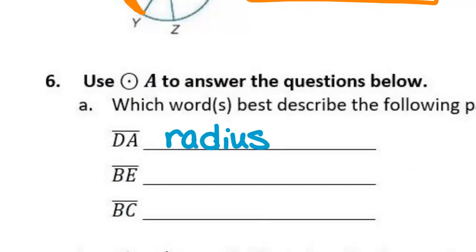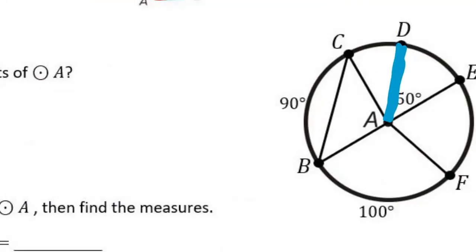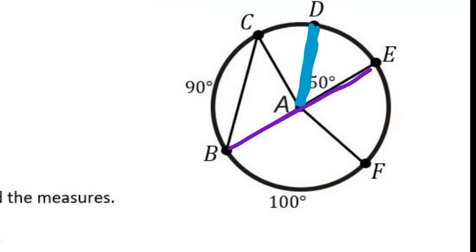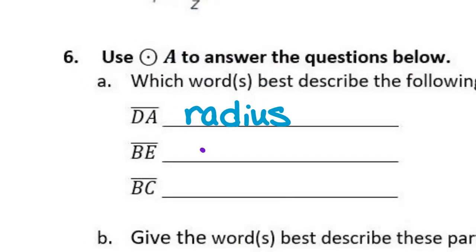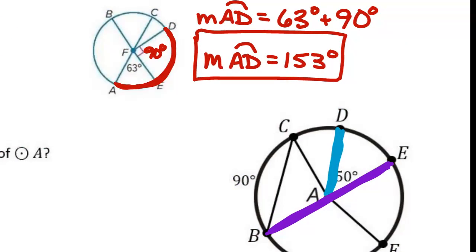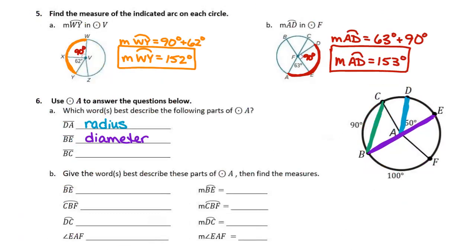What about segment BE? This segment right here, what would we call that? It's a diameter because it goes from edge to edge through the center. And what about BC? What would we call that segment? That is a chord.